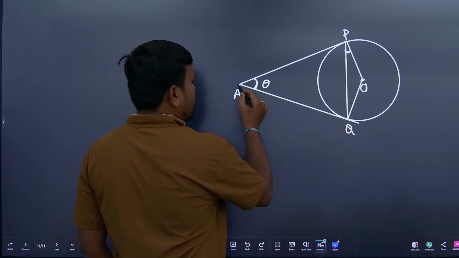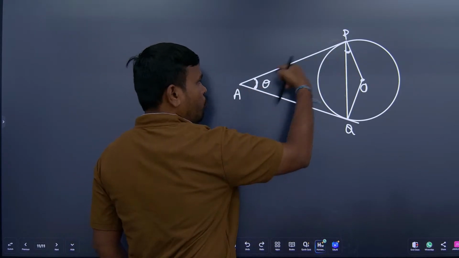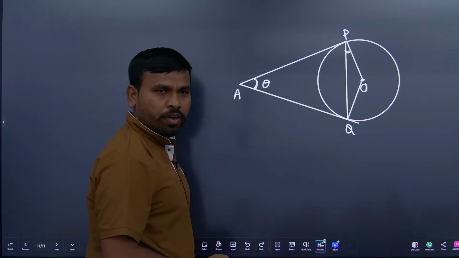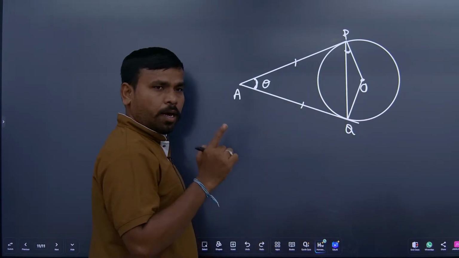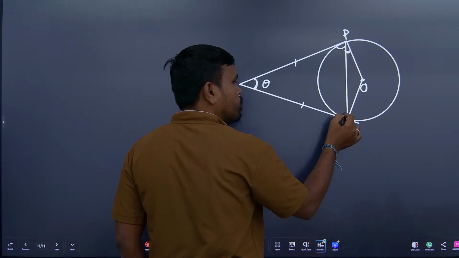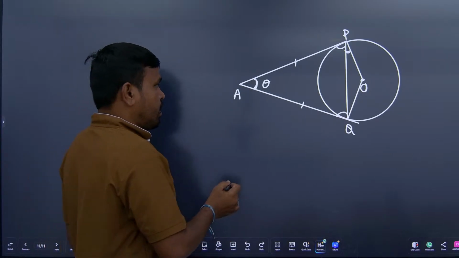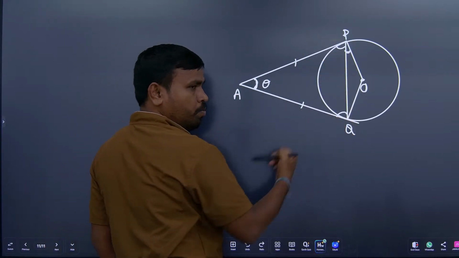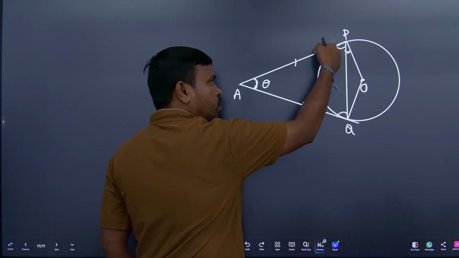Consider triangle APQ. We know that two tangents are equal. As these two tangents are equal, the angles opposite to equal sides are also equal. These two angles are equal. Am I clear?